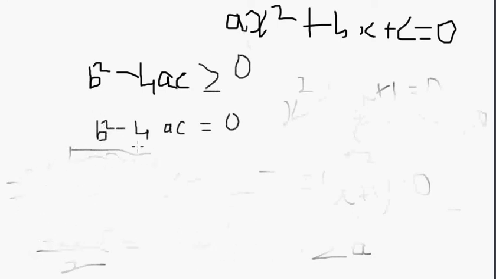So b squared minus 4ac equal to 0 means the equation has real and equal roots.